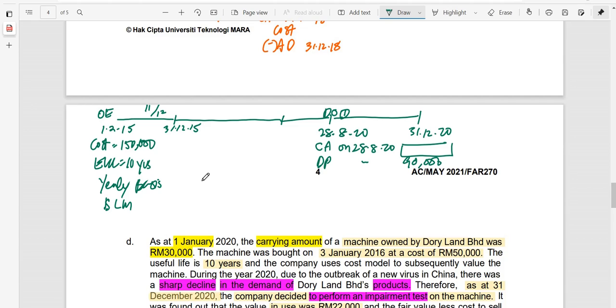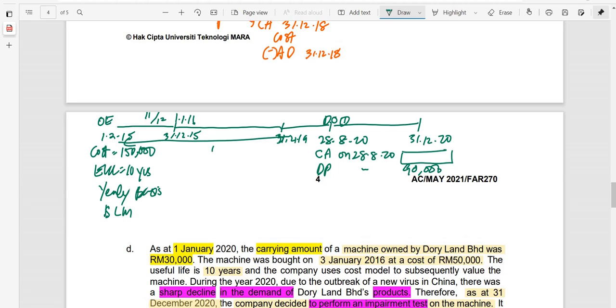And here from 1st of January 16, which is the beginning of the following year, until 31st of December 19, that was another 4 years. So if you see that, you would notice that all together here would be 5 years. 5 years, regardless whether the first year was not even exactly a year.